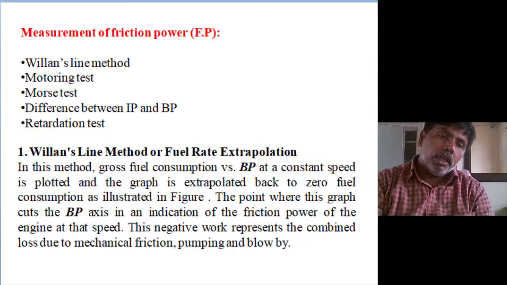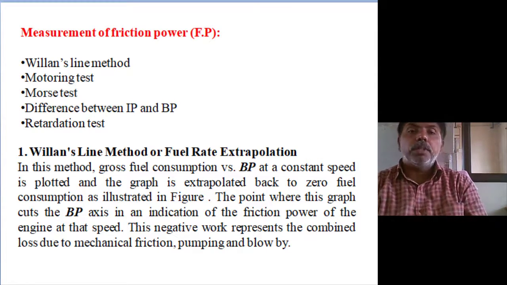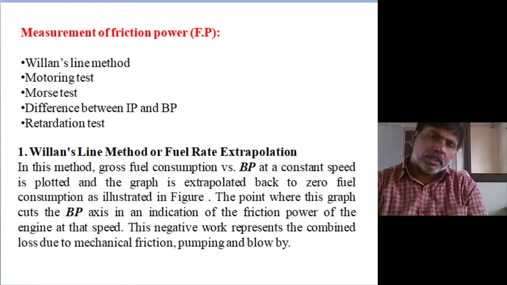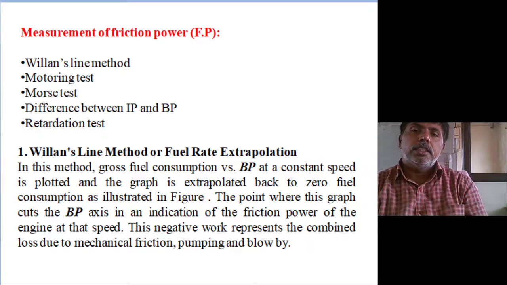Next, the measurement of the friction power. The standard methods are the Williams line method, Morse test, motoring test, and retardation test. These are the four standard methods we use.